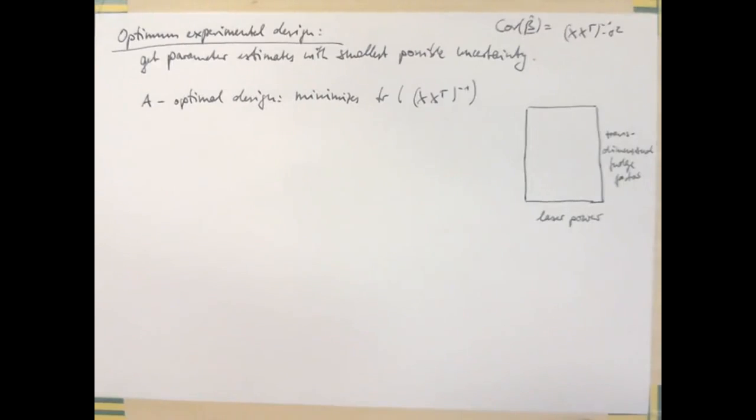I'm luring you into the wrong answer now, but never mind. So would you really take a grid, or how would you distribute your points? Let's say I'm giving you a budget of 16 points, for example. Where would you put your 16 points? I guess you probably want repeated measurements nearby to reduce error.